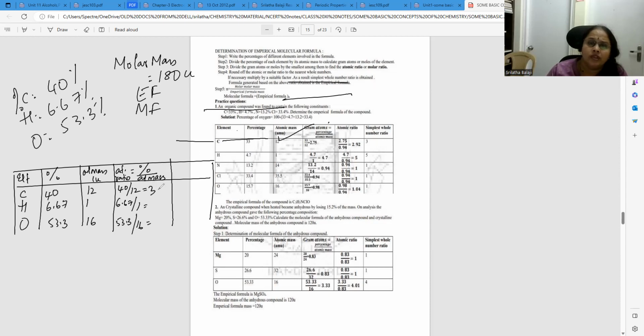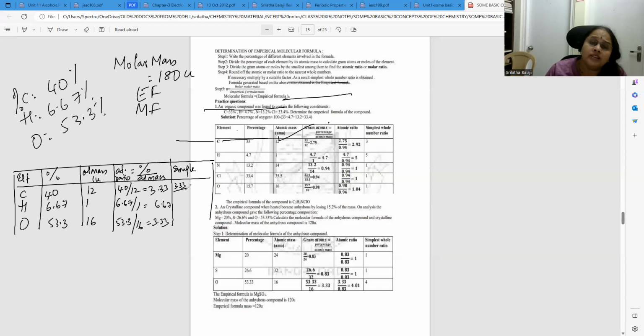3.33. And here, 6.67. And the last one? 3.33. Now divide each of them by the least value. Which is the least value? 3.33.